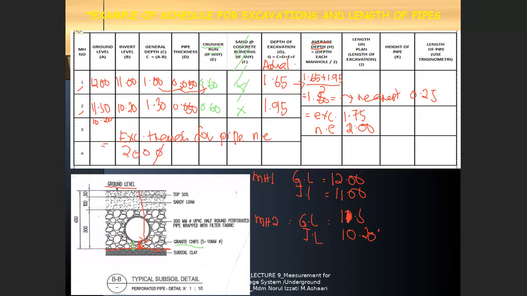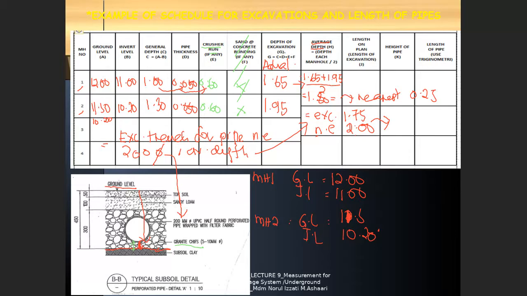Look at this one. This is 200 mm nominal size PVC pipe, okay, having the average depth exceeding 1.75, not exceeding 2 meter. And then after that, SMM also write down you have to write in the depth range of 2 meter.